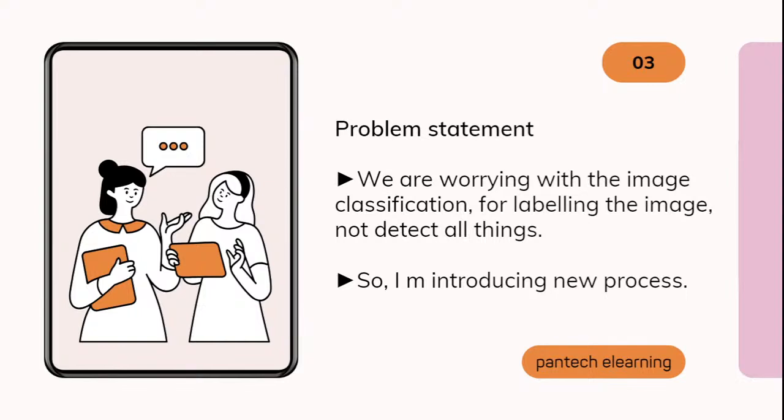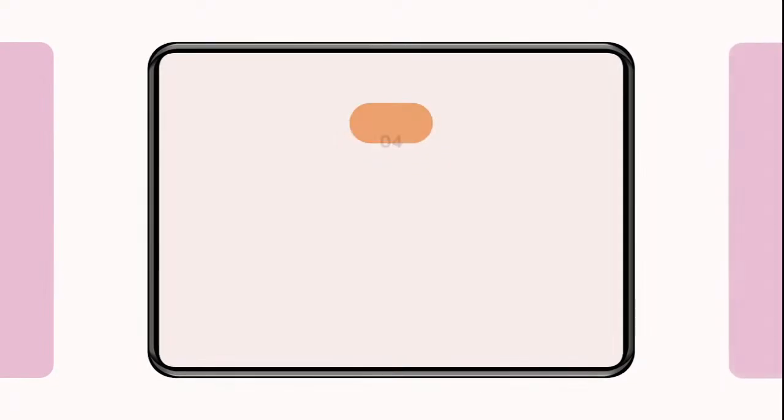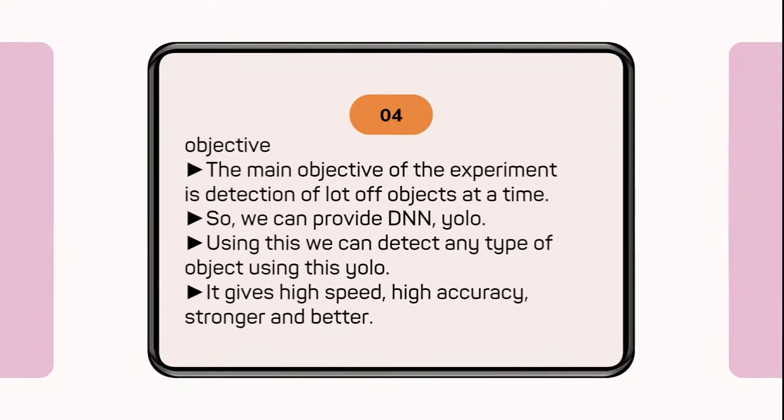Why are we worrying about image classification for labeling the image and not detecting all things? The main objective of the experiment is to detect a lot of objects at the same time. When you go for classification, you can't detect multiple things at the same time.